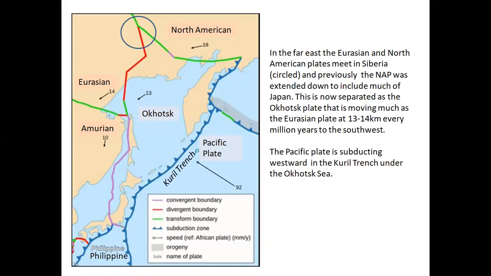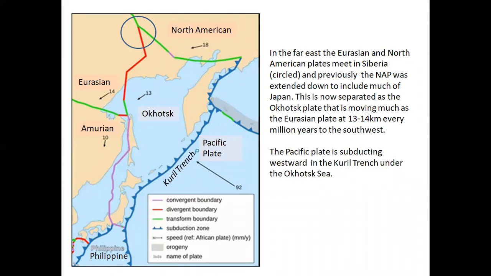And we're unaware from earthquake activity of a significant plate boundary where this green transverse marked fault is marked westward from the Kamchatka Peninsula, or the top of the peninsula, across into Siberia. That's now regarded as the North American plate boundary.